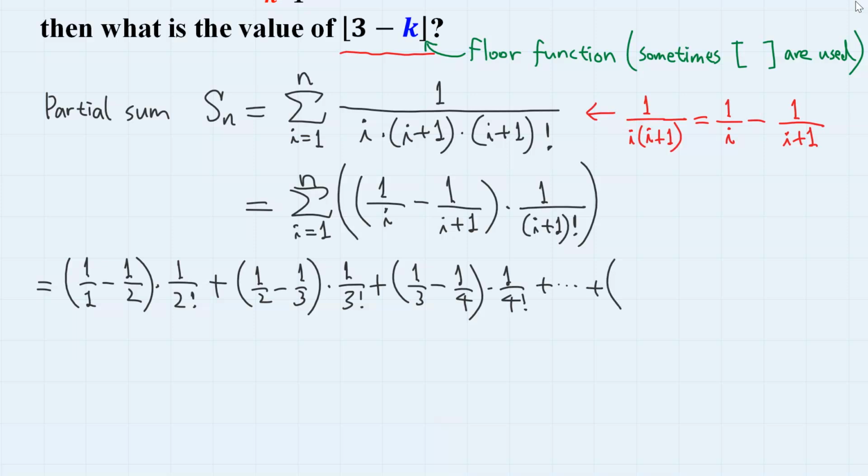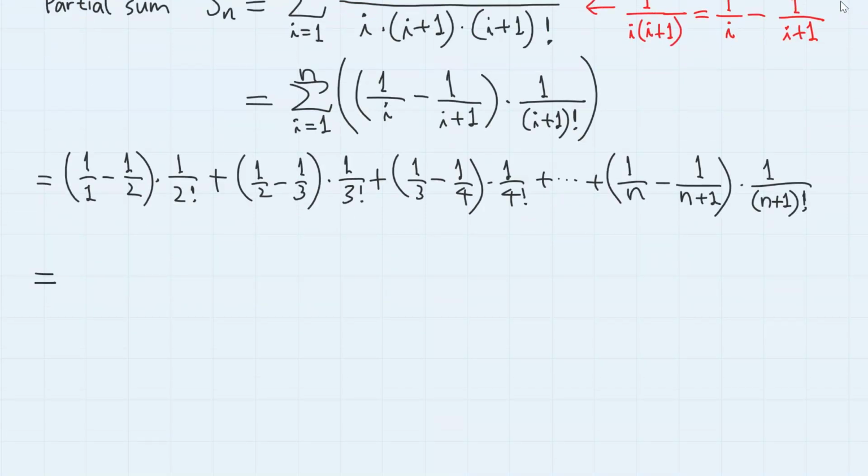And in the end, we have 1 over n minus 1 over n plus 1 times 1 over n plus 1 factorial. Now let us write this sum in a different way by grouping different terms.